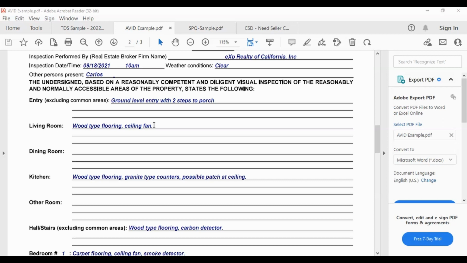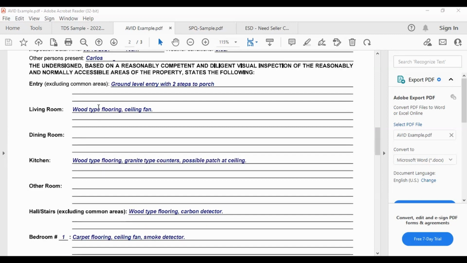So don't get too specific unless it's a no-brainer, like a ceiling fan. That's what it is. It's on the ceiling, it's a fan, it's got a light. But with flooring, there are different materials and different types. So I will usually get a generic word in there like type or kind of: kind of wood, wood type of flooring.